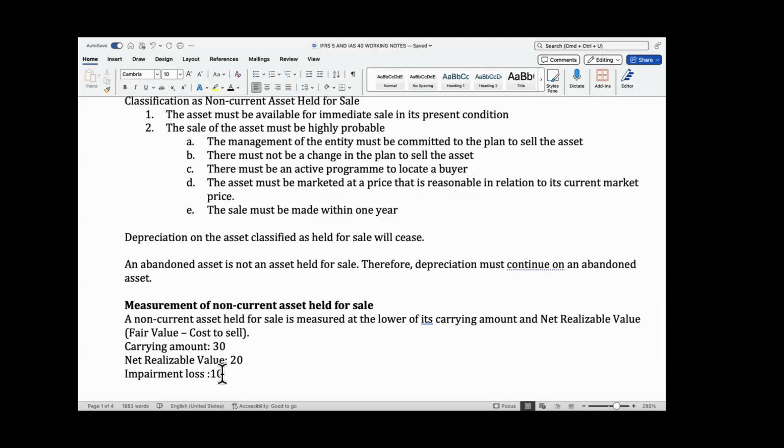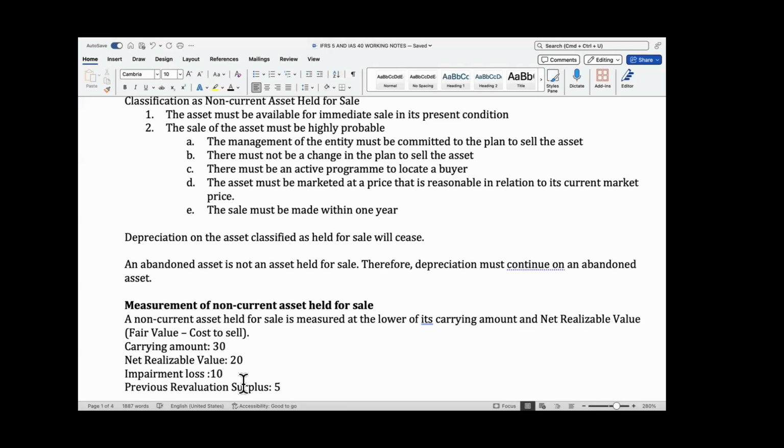Remember again, if on this same asset there was a previous revaluation surplus, especially if this same asset is measured using the revaluation model. Let's say there was a previous revaluation surplus of 5.